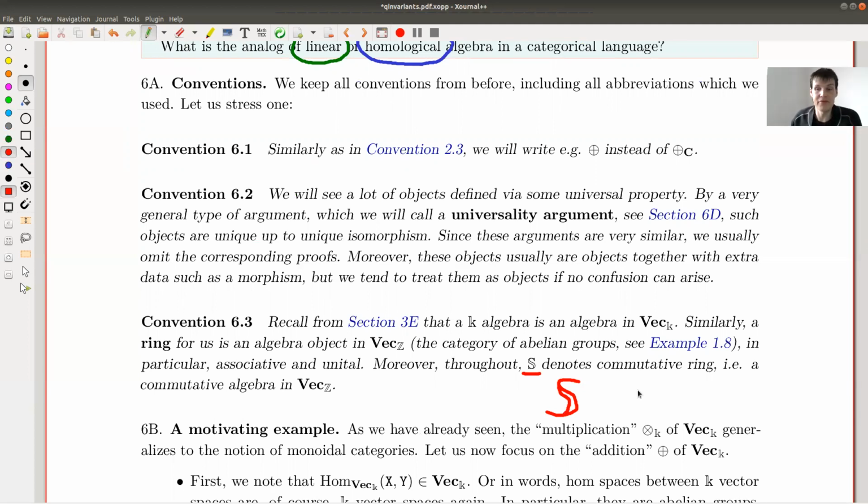If you don't like the notion of commutative ring, then you can think of S as being something like the integers, any field you like, the real numbers, something like that. It doesn't matter so much. I use S because bold R is already taken by the real numbers. So that's why I have this funny notation. But S is a ring.